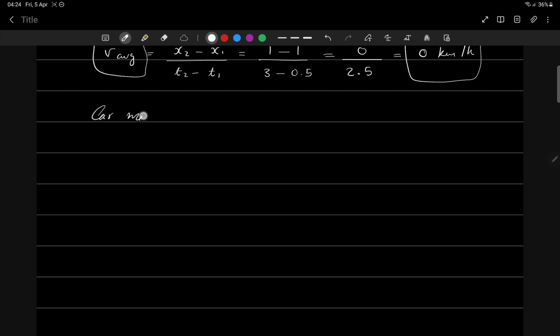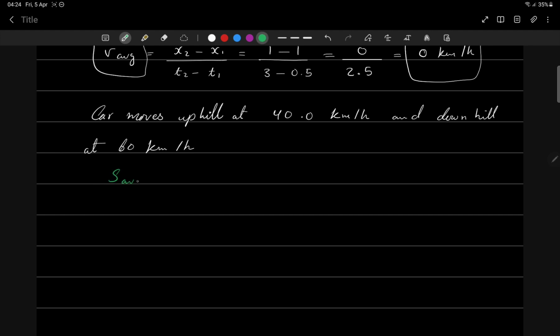The car moves uphill at 40 kilometers per hour and downhill at 60 kilometers per hour. We want to find the average speed for the round trip. So S average for the whole round trip.